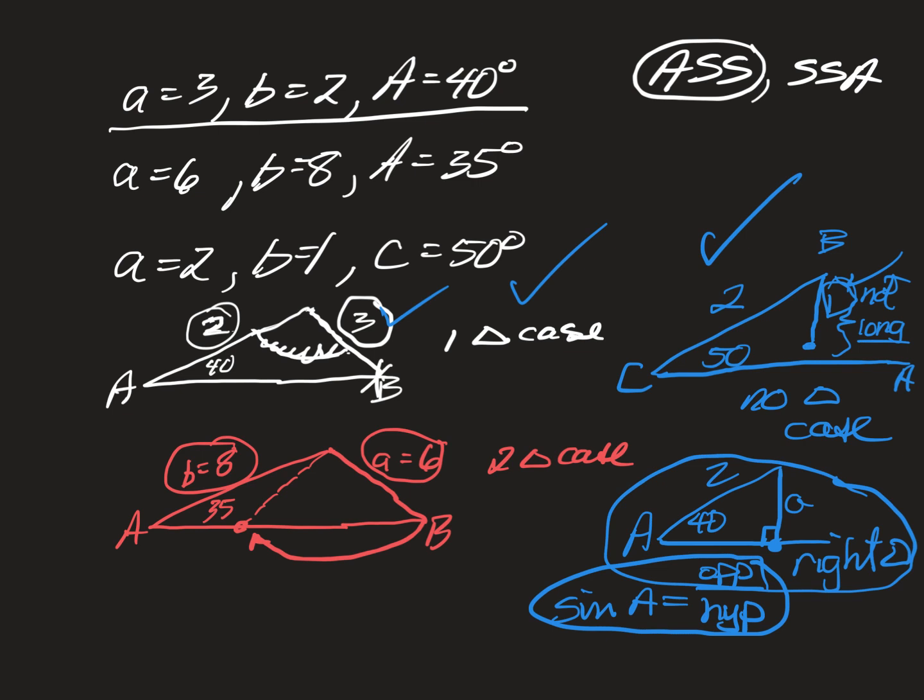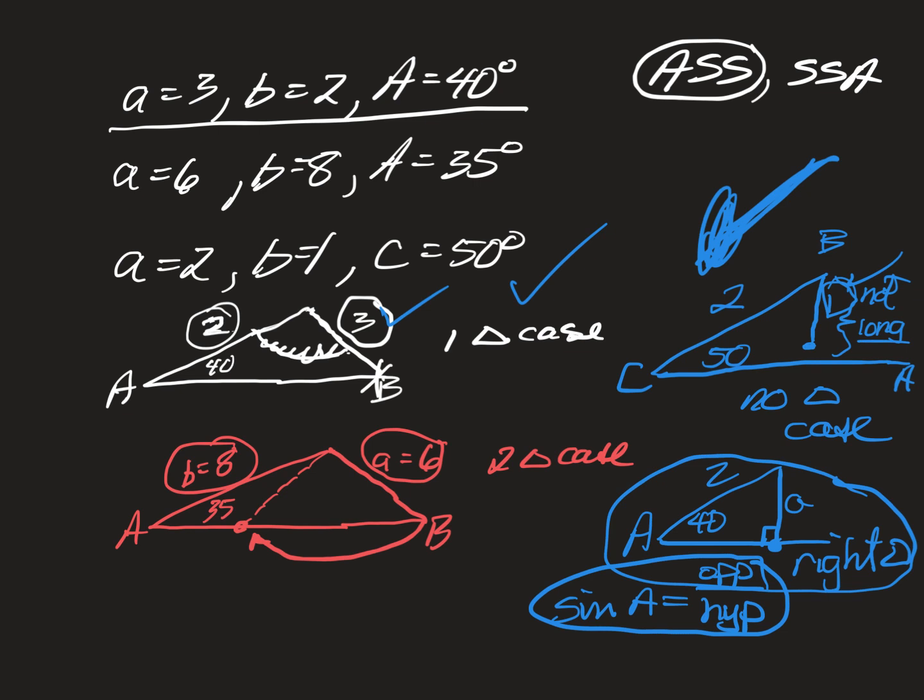If when you do the opposite over the hypotenuse, it's too small, like in this case, 1 over 2 is smaller than the sine of 50, then that means that you have a no triangle case.